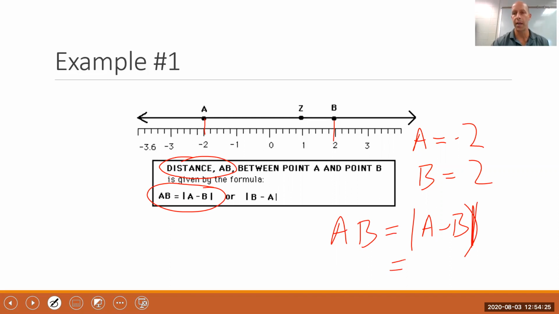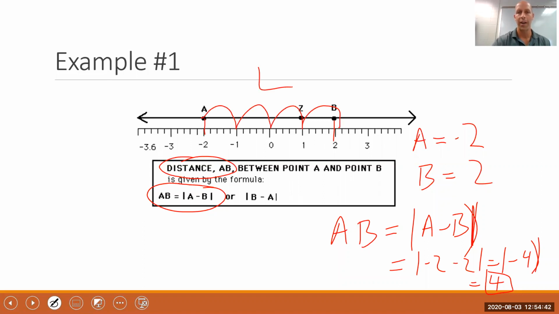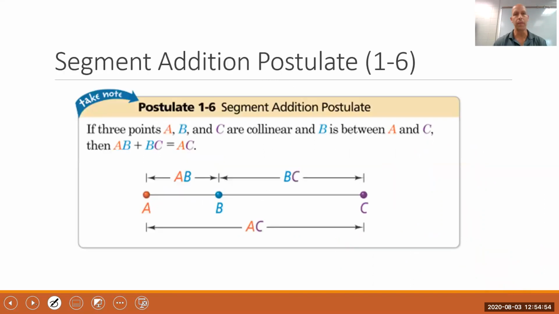A is -2, B is +2, so you get the absolute value of -4, which is 4. Or you could just count 1, 2, 3, 4. It's 4 units long. These are the mathematical ways to do this, using the ruler postulate. So the answer there is 4.